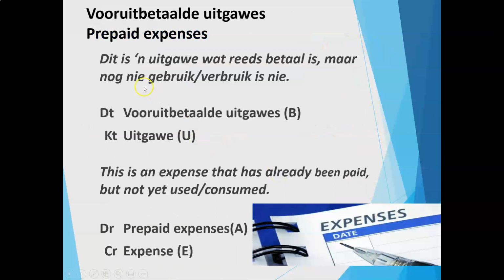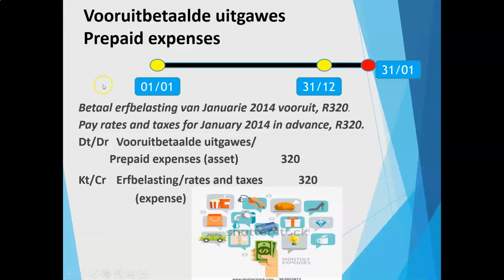Prepaid expenses: we have already paid the expense, but we haven't consumed the service as yet. So we're going to debit prepaid expenses and credit expenses as at year end. Example, we pay rates and taxes for January 2014 in advance at the end of December, which is our financial year end. So what are we going to do when we pay that?